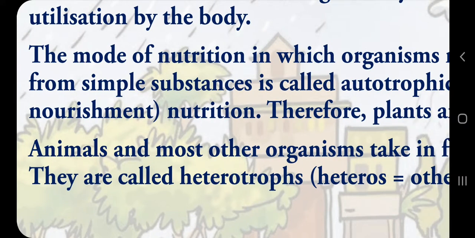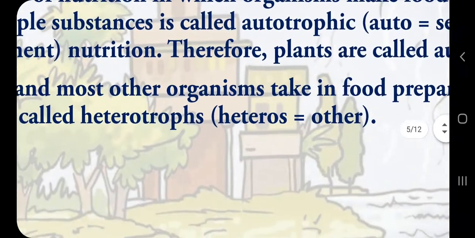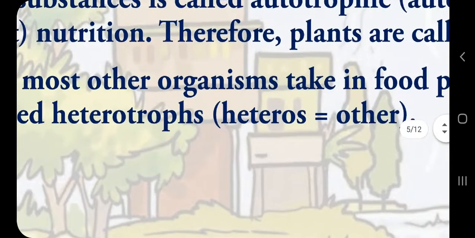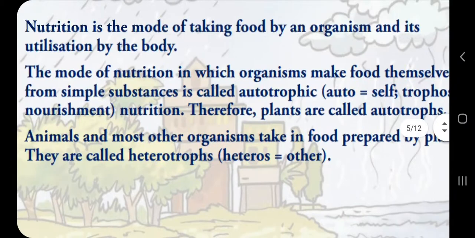Autotrophs are those creatures which are able to make their own food, and the other term is heterotrophs, where hetero means other. Heterotrophs are not able to make their own food, and that is why they are dependent on other creatures for their food. Generally plants are autotrophs, not all, but in general, and animals including humans are heterotrophs.